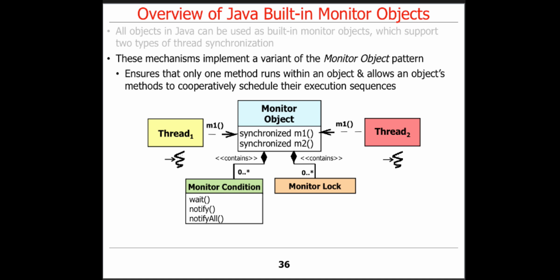Now, the interesting part about this pattern is you don't have to implement it using monitor objects. You can also implement the monitor object pattern using more primitive synchronization mechanisms that Java provides. Maybe primitive is the wrong word. Additional mechanisms that Java provides for concurrency. And those would be things like reentrant locks and condition objects.